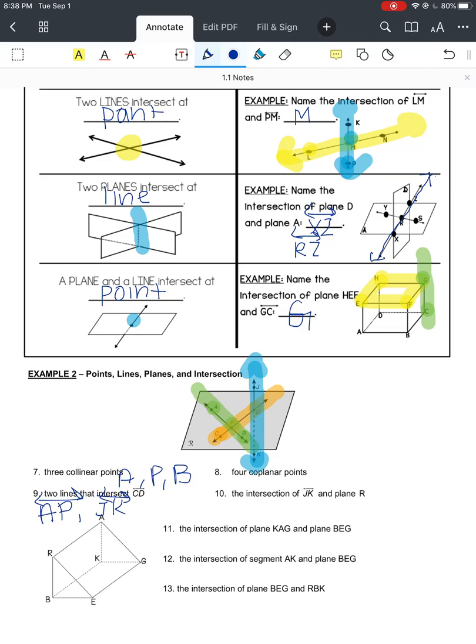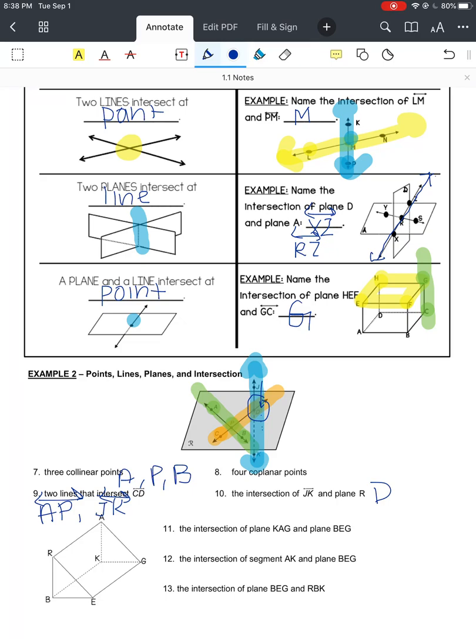So the question is where is that point? Well, if you look, we have this line going from J, it goes down to D here, and then these dots mean it's going behind or underneath the plane and back out through. So point D is where this intersection is occurring.